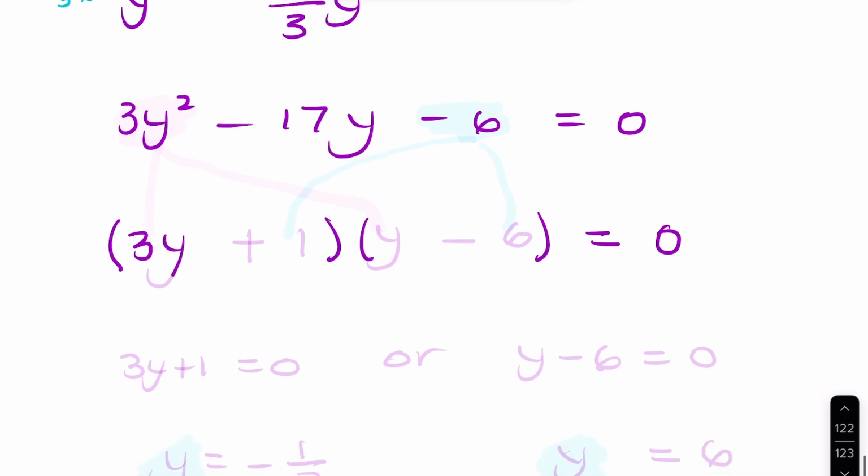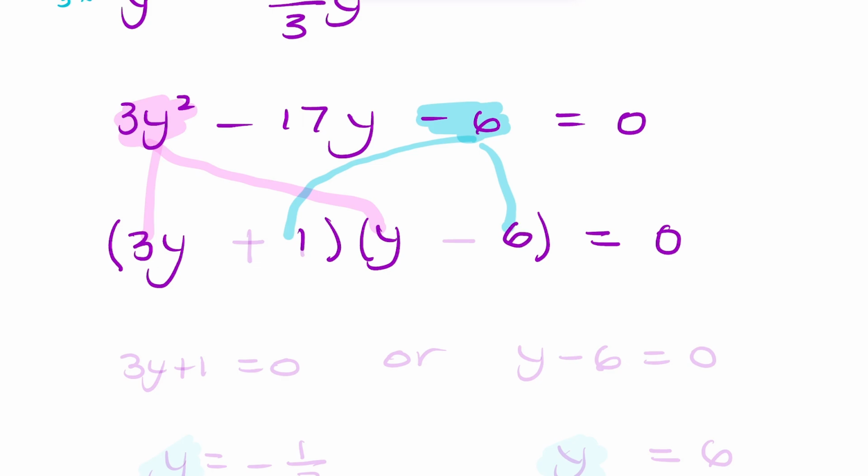So 3y and y, so that's my 3y squared is 3y times y. And my negative 6 is probably going to be 6 times 1. And I'll probably need a negative there and a positive there. So that looks correct.